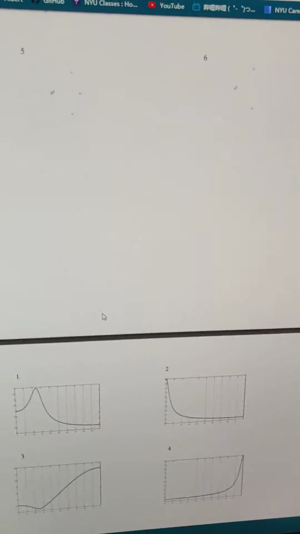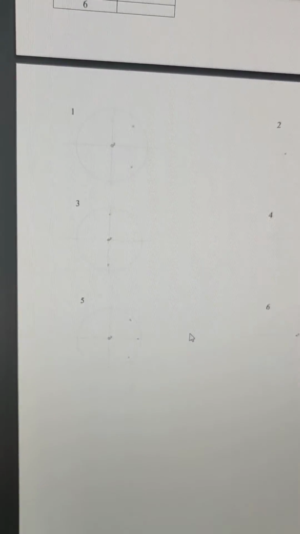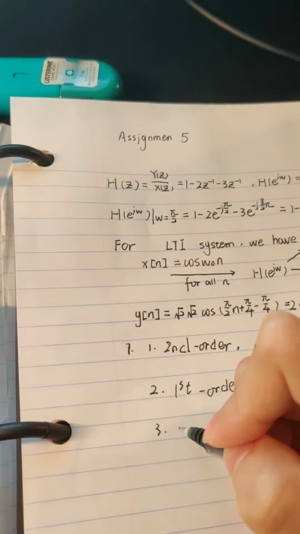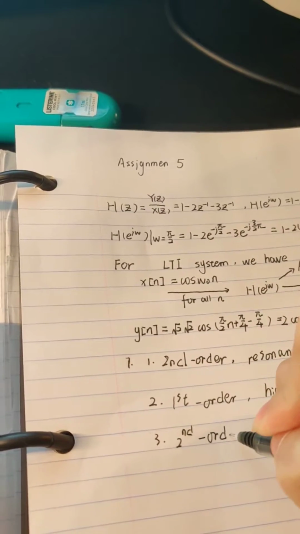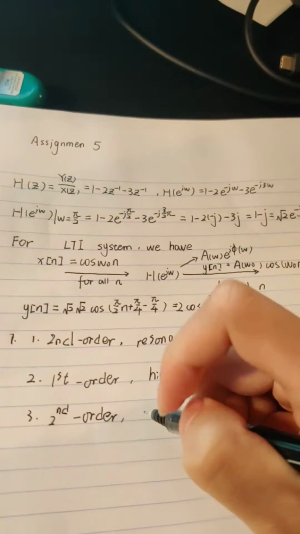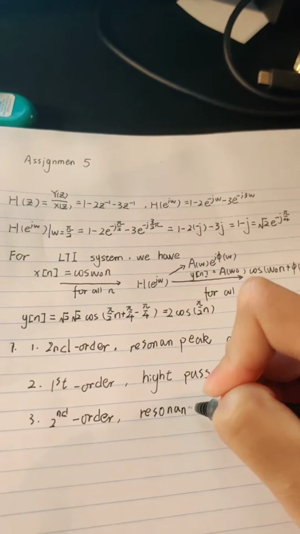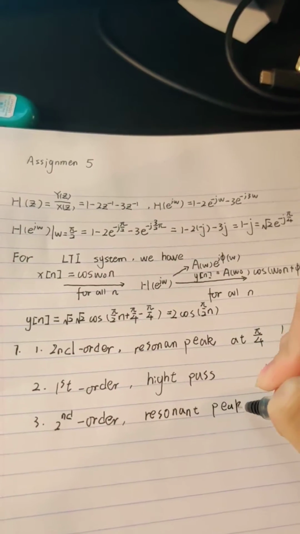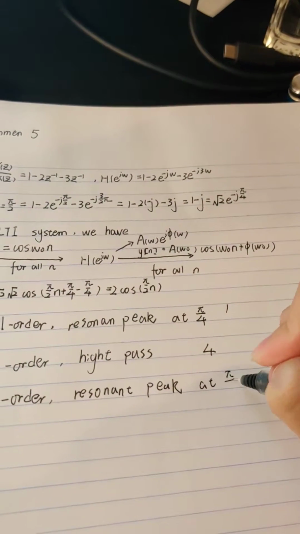So let's continue. And the pole zero diagram 3. From this diagram, we can easily find that first, this is second order, and the resonant peak will be at pi over 2.